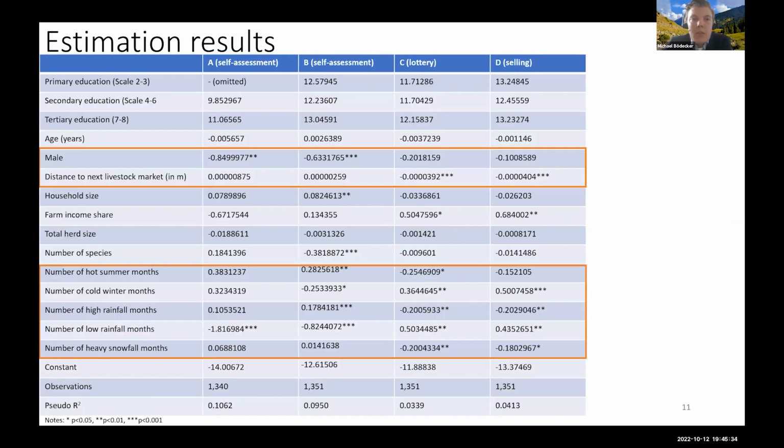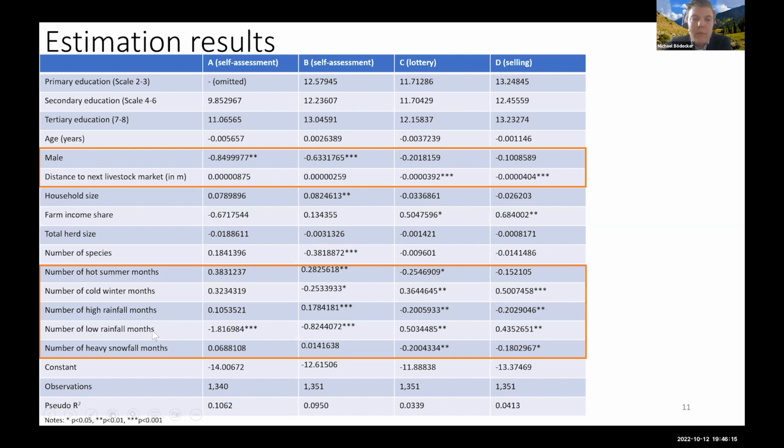Yeah, and regarding the estimation results, we can see that the number of low rainfall months and the number of cold winter months is mostly significant. So these are the models which use self-assessment data. In this case, risk aversion was only counted if the individual has taken option 0 of 10, that is risk averse, and B is measuring options 0 till 4, the lower half, to see how reliable these answers are. And this is the lottery and selling situation.